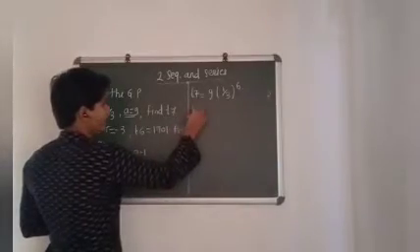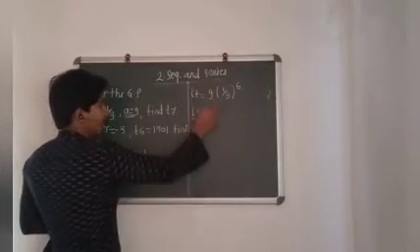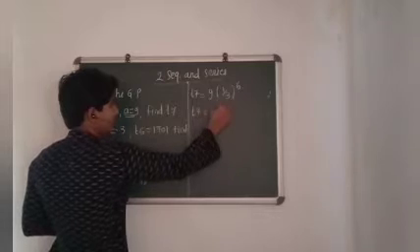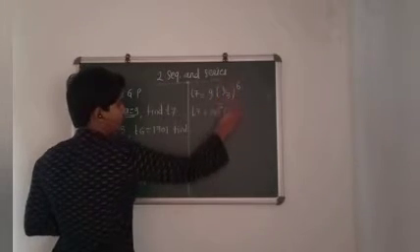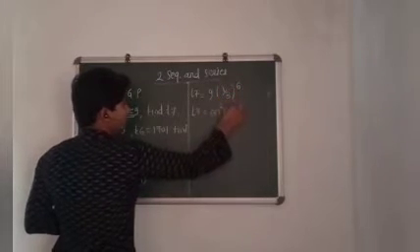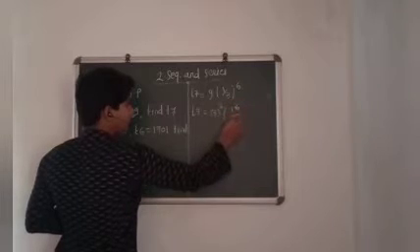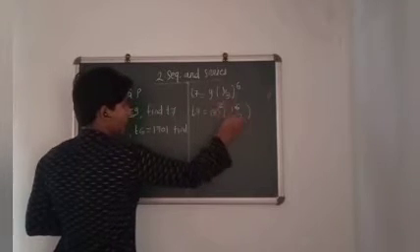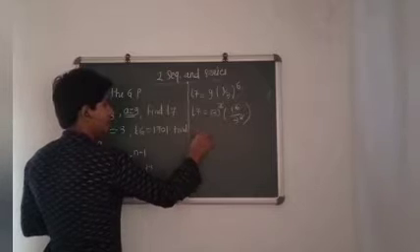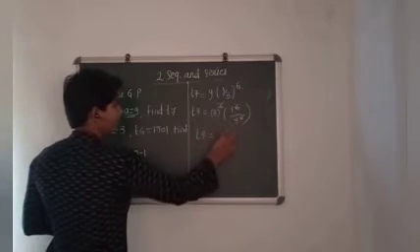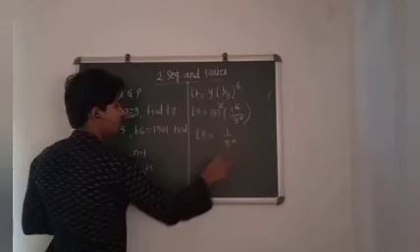Writing 9 as 3 square, 1 by 3 raised to power 6 means 1 raised to 6 upon 3 raised to 6. Here 3 square and 3 raised to 6 cancel, so T7 is equal to 1 upon 3 raised to power 4.